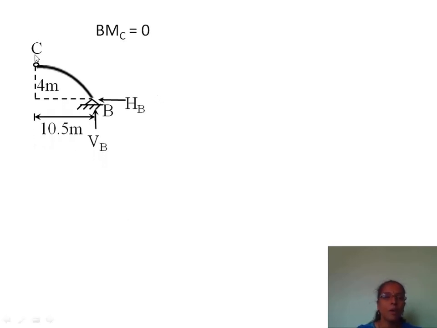This is the right part of the arch. The overall span is 21 meter, therefore half of which is 10.5 meters. Let us apply bending moment at C, right, equal to 0.